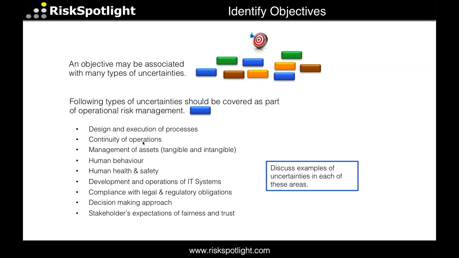Also, the decision-making approach itself is a process, right? And process is covered by the operational risk definition. So we also want to look at that, especially because it's slightly different from your normal operational type of process.